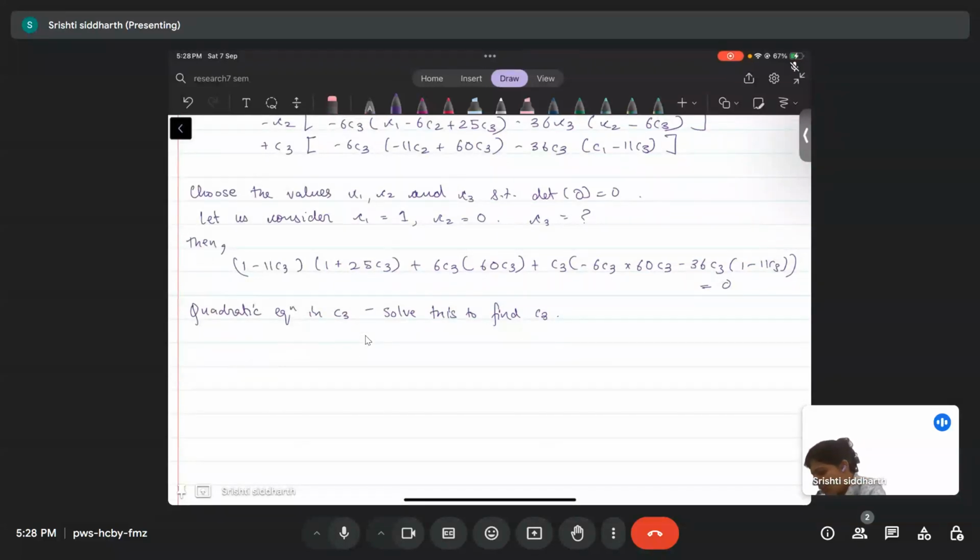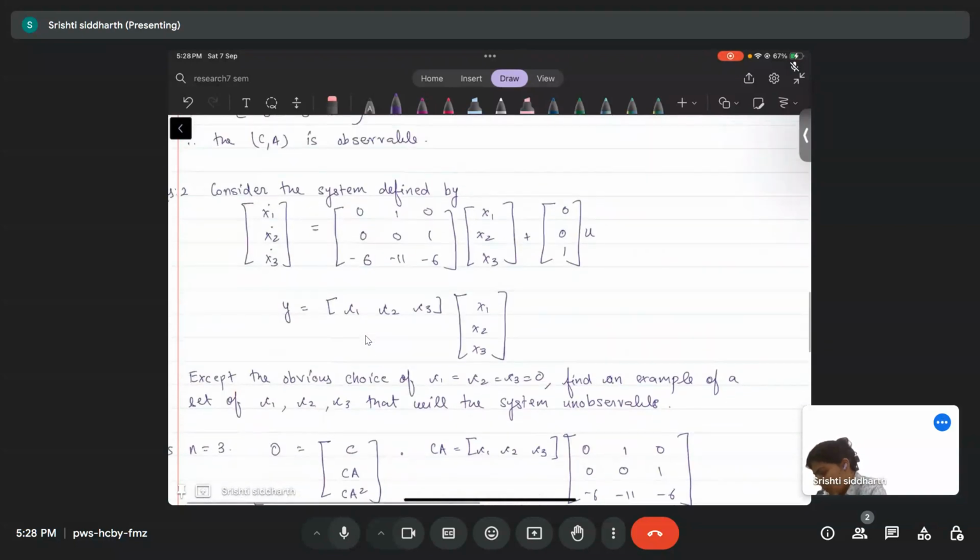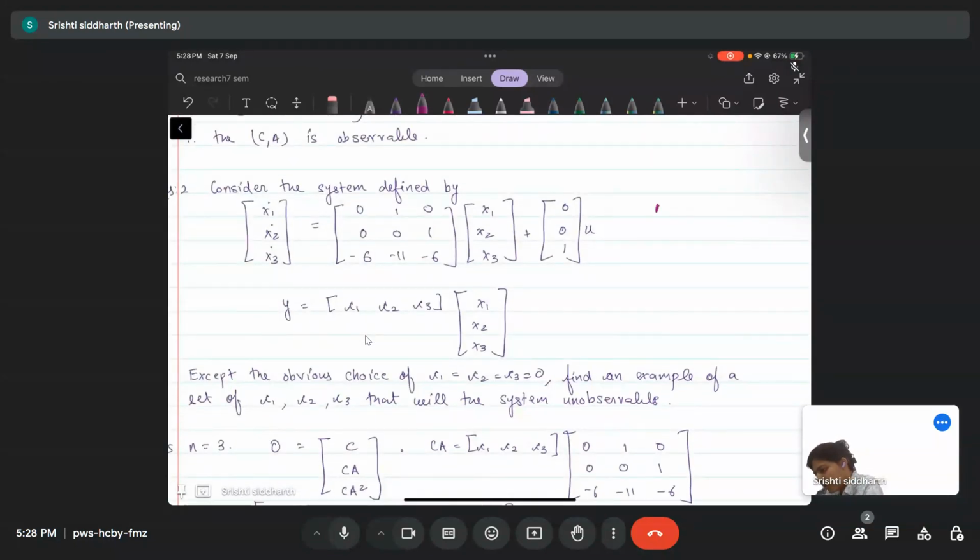There is one other alternative to this approach. What we can do is diagonalize the system, and after diagonalizing we will have some C bar, and the condition would be that none of the elements of C bar should be 0.